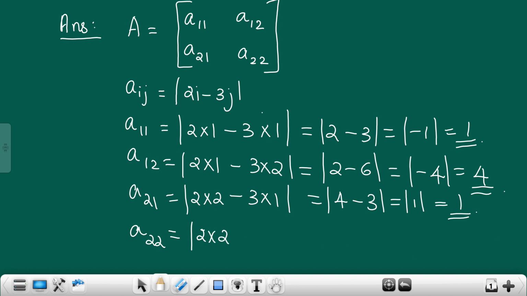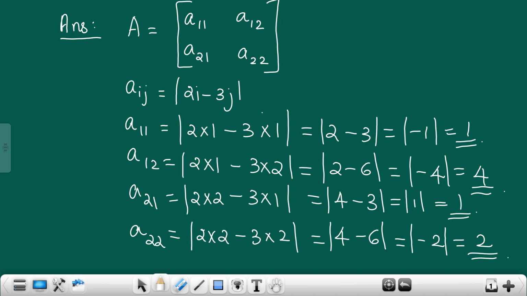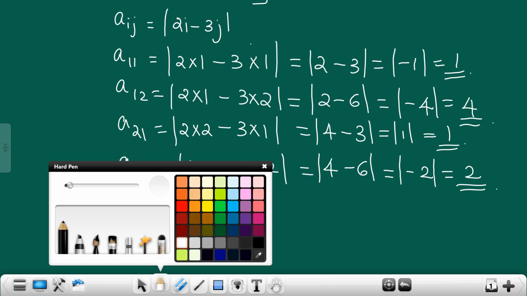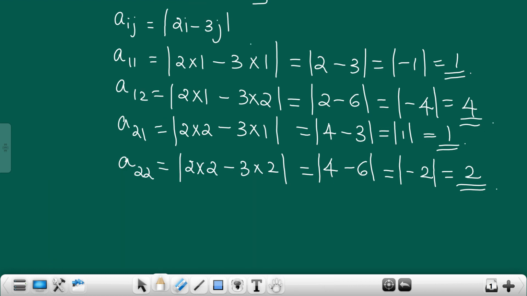Modulus 2 into 2 minus 3 into 2, we get 4 minus 6, which is equal to modulus minus 2, which is equal to 2. So, now we get all the elements of matrix A. So, we can write matrix A equal to 1, 4, 1, 2. This is our answer.